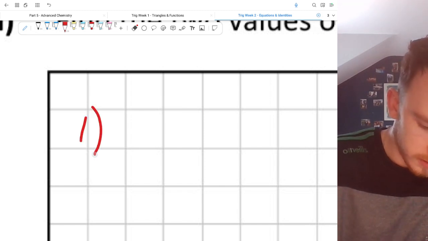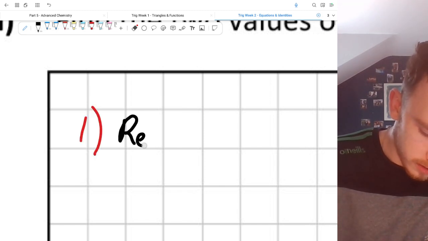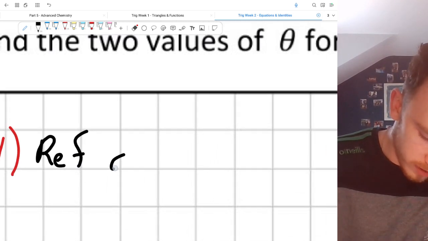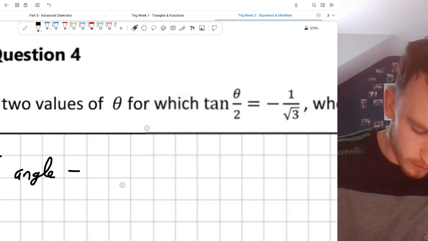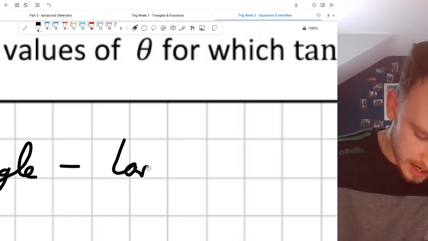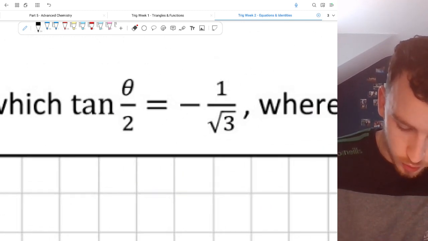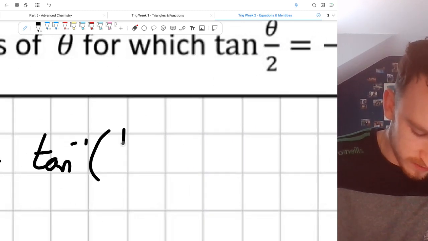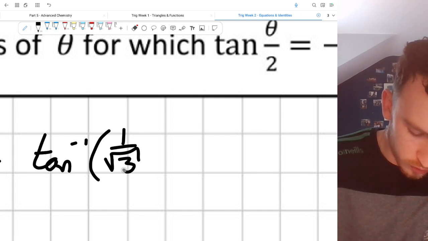So first step again, we're going to get our reference angle. We're dealing with a tan, so it's going to be the inverse tan of, so it's minus 1 over root 3, so we're going to take the positive for the reference angle, so just 1 over root 3.